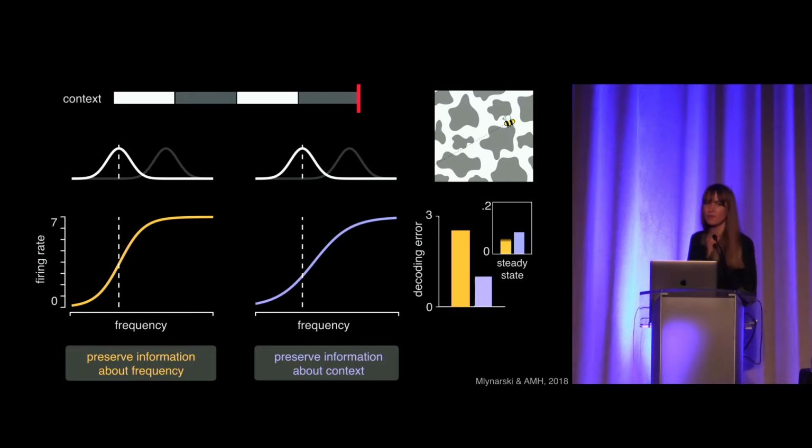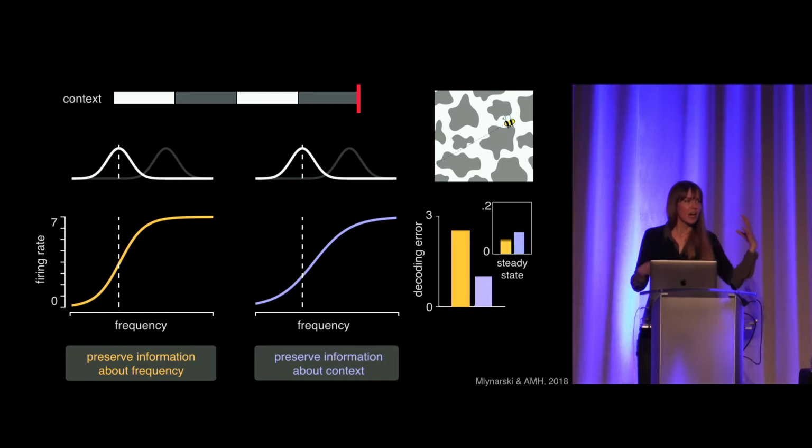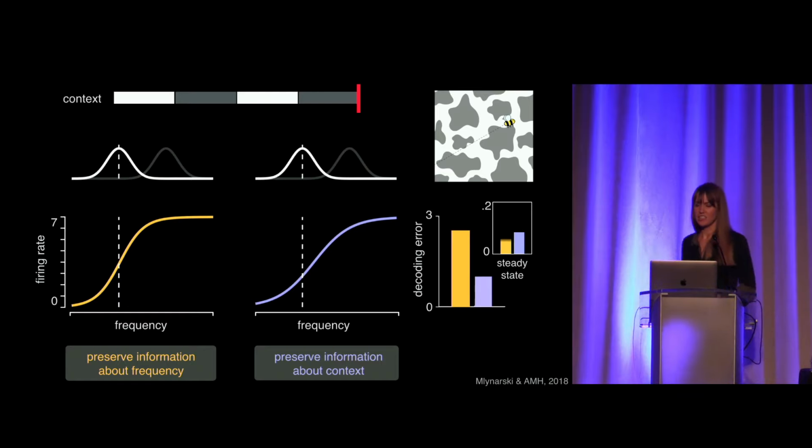And so this is a problem that we've been interested in working on and sort of bridges together these ideas of efficient coding and these ideas of Bayesian inference and tells us how we could think about dynamically adapting some of the strategies that I told you about earlier to deal with changing environmental contexts.